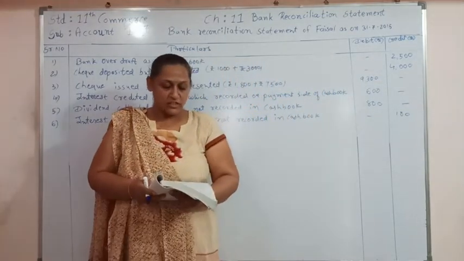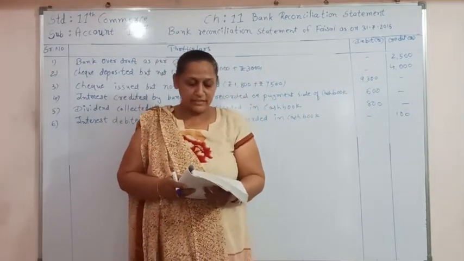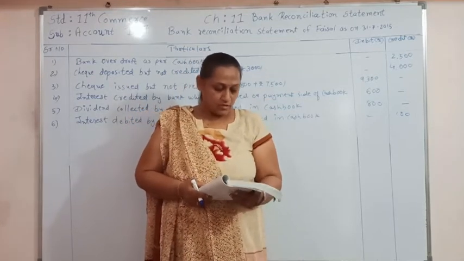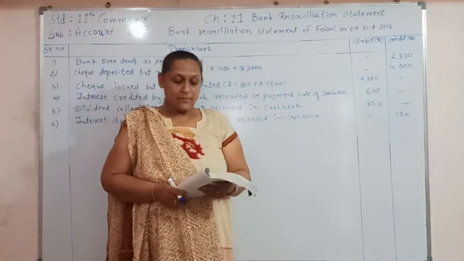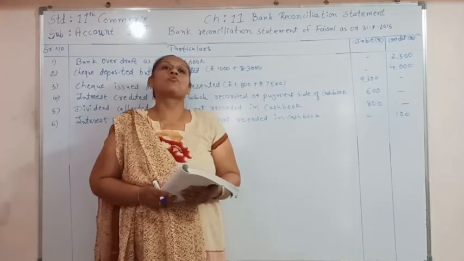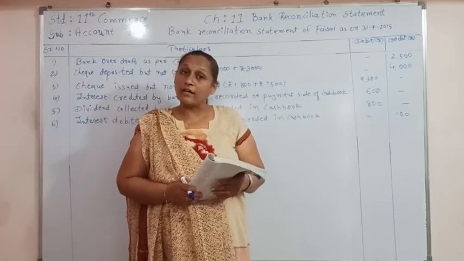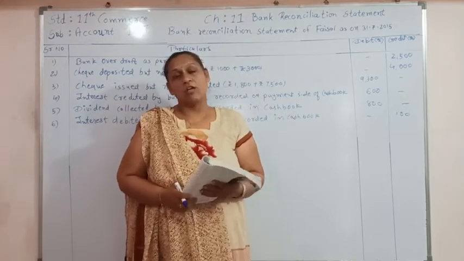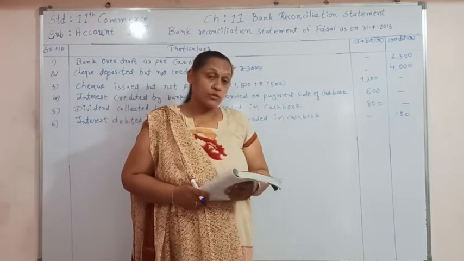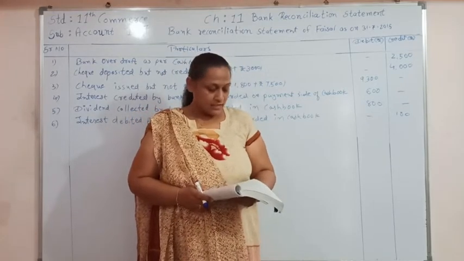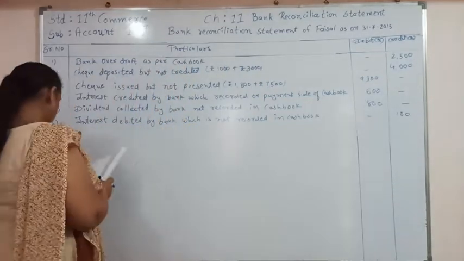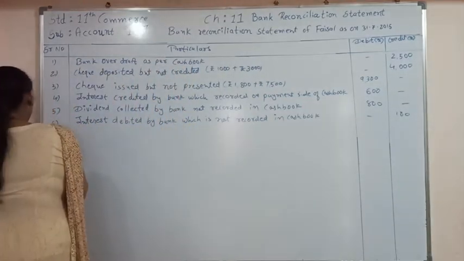Now let's see number 7. Sales made through check rupees 1,200 is recorded by bank in personal account of Faisal. So here when we are making sales, it is supposed to be credited in the passbook, but it remained as it is already credited in the personal account. So it is not credited in the passbook. So we are going to credit in the bank reconciliation statement. Check not credited by bank.